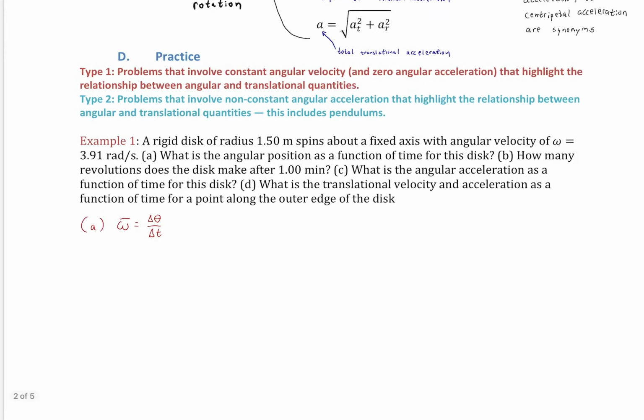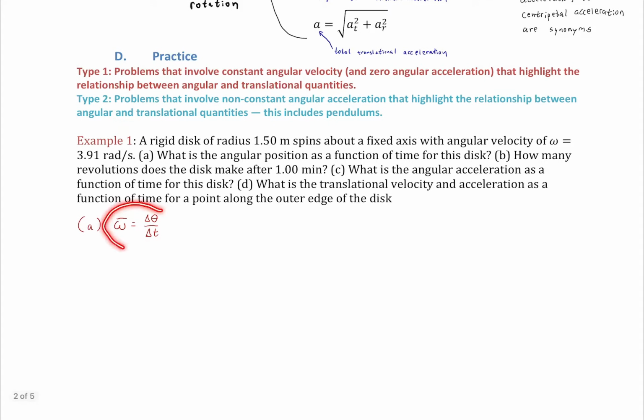Okay, so let's use our definition of average angular velocity, which is going to be delta theta over delta t. All right, and in this case, because omega is a constant, the average is also the instantaneous. And so it's just going to be the displacement over the time. Right, that's great when it's constant. All right, so that means that my displacement is just going to be my angular velocity times time, or 3.91 times t.